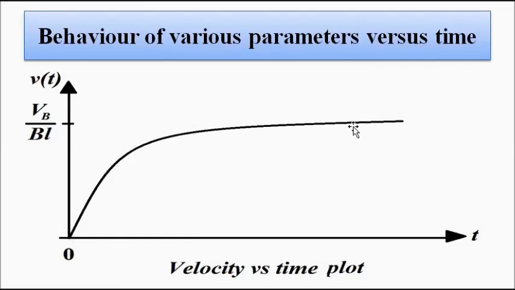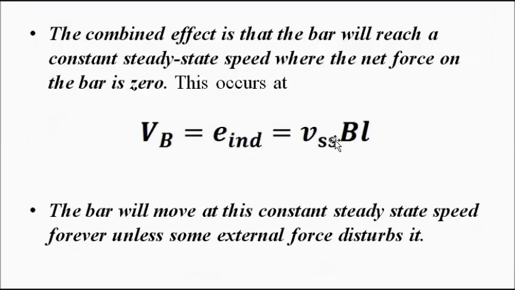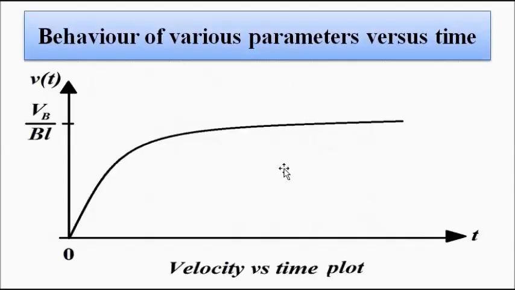Then it acquires the steady state velocity VSS, which is equal to VB by BL. If we take BL to the left hand side, it comes to the denominator. So this is the plot of velocity with respect to time.